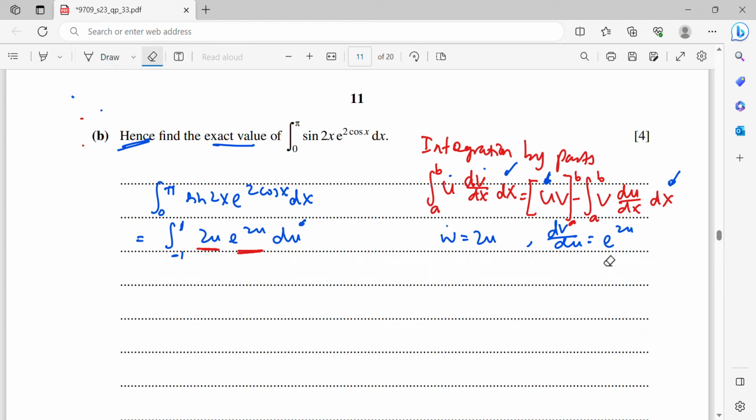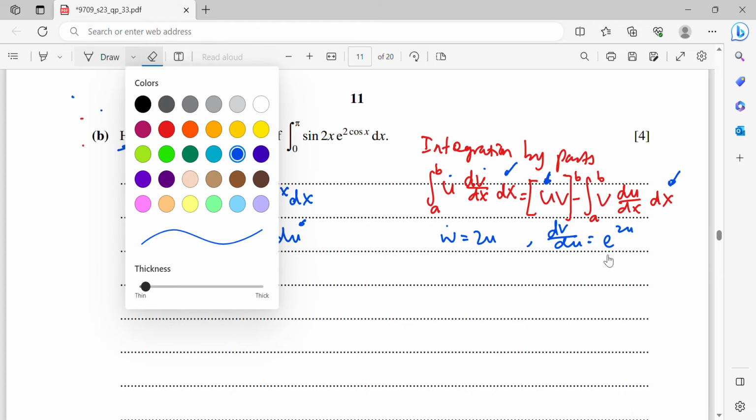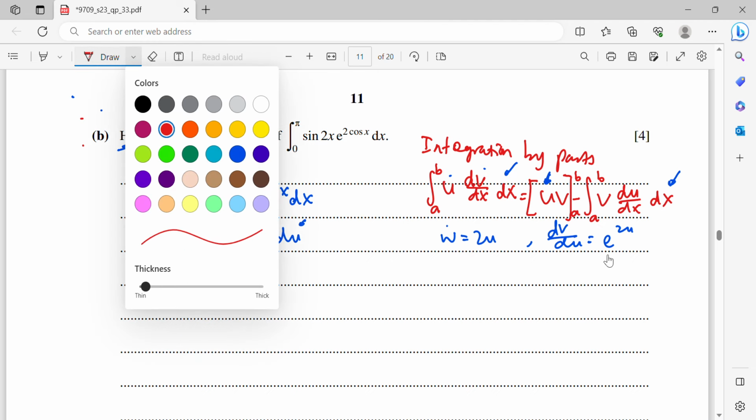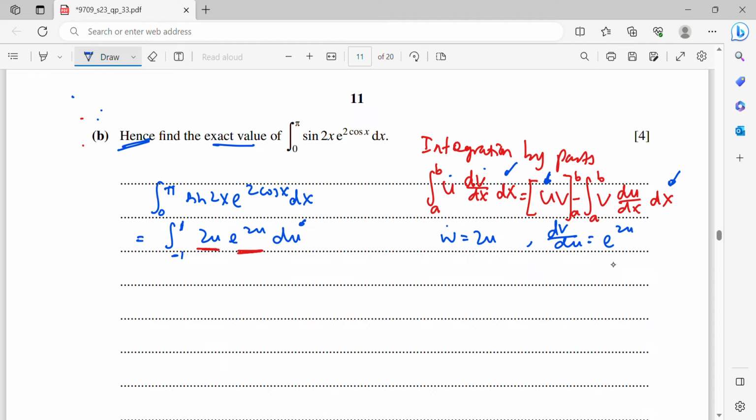Now, we need to differentiate the w to get dw over du, instead of du over dx here. This is 2. And then the v is to integrate e to u. When you integrate e to u, you just rewrite the whole e and divide by the differentiation of the power of the e.